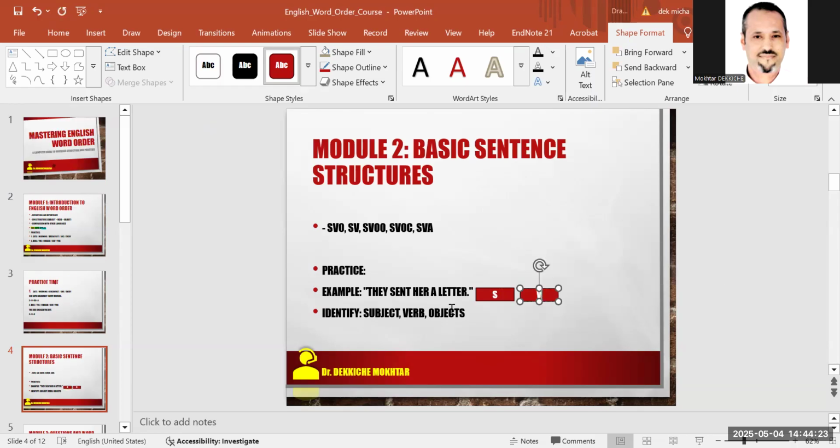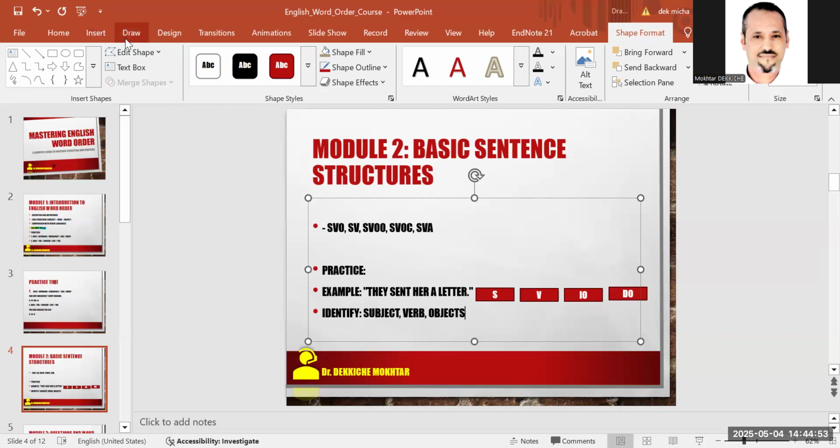"Sent" is a verb. Then "her" is the indirect object, and the last one is the direct object.